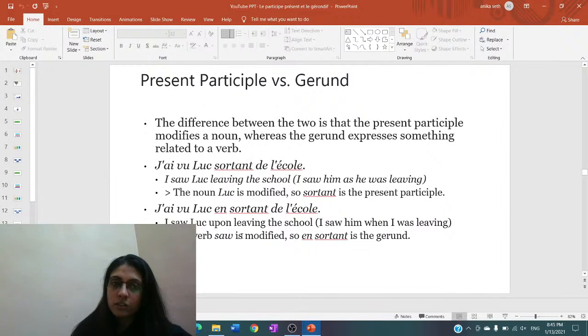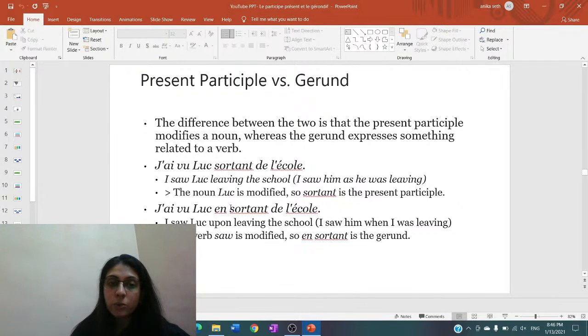So the noun which is given is Luke. Je is the subject. So Luke as the noun is being modified by using the present participle. I saw Luke leaving the school. I saw him as he was leaving. But if I write the same sentence as j'ai vu Luke en sortant de l'école, now what's the meaning of the sentence?